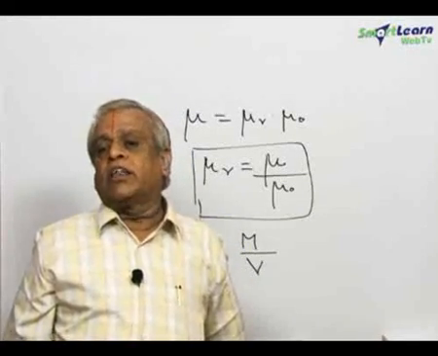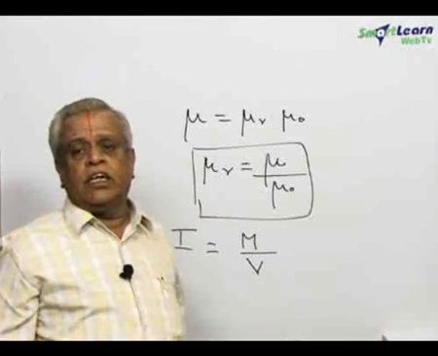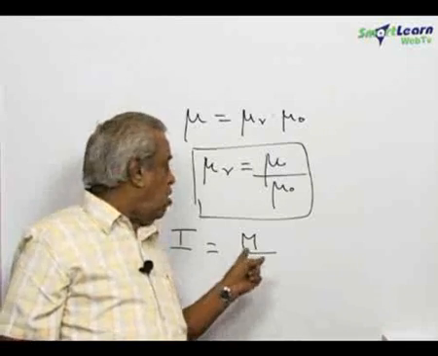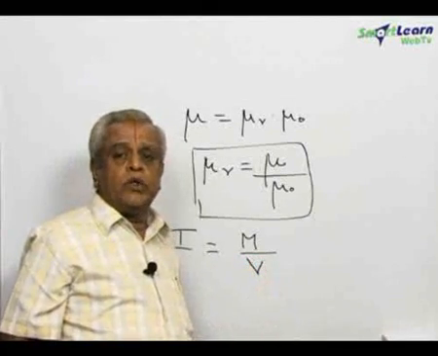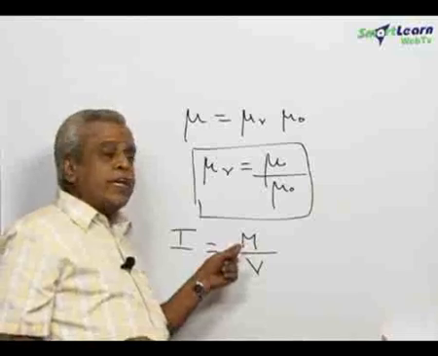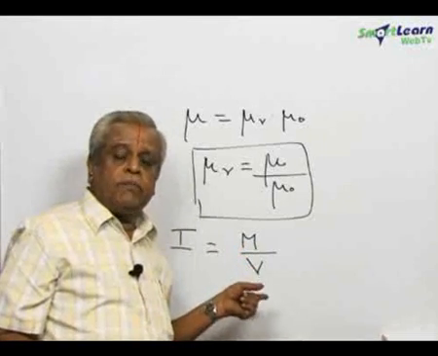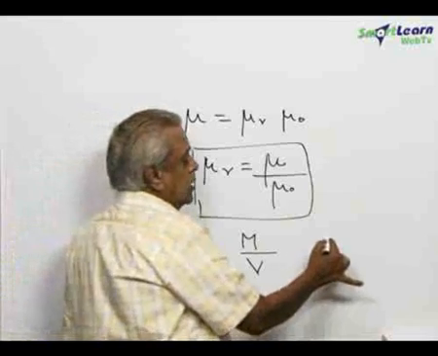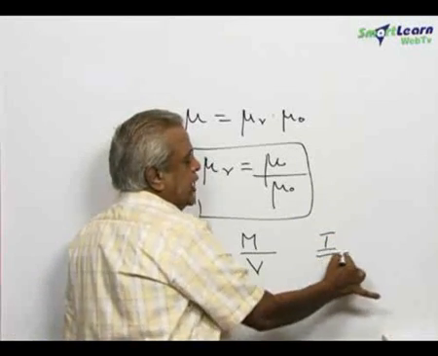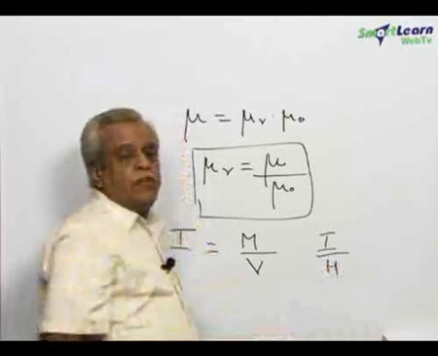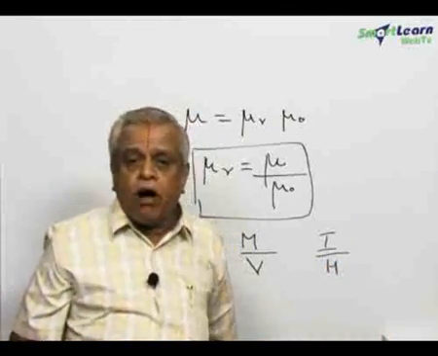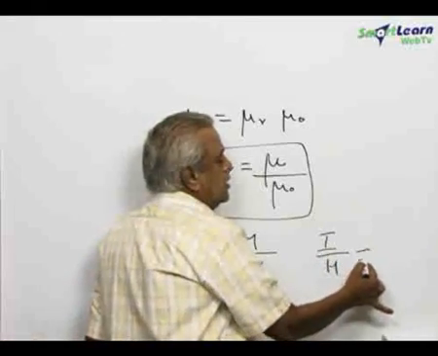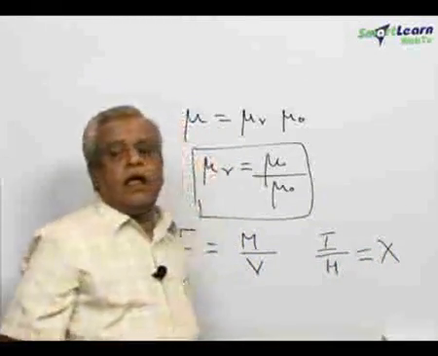How far the substance is magnetized is expressed in terms of I, that is nothing but the ratio of magnetic moment to volume. Then how did the substance acquire magnetism? It is because it was kept in a magnetizing field. Now we can talk of another term known as the ratio of intensity of magnetization to that of magnetizing field, that is I by H. It is denoted by the symbol chi.